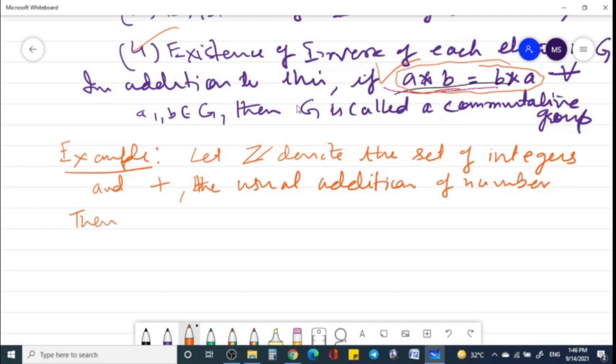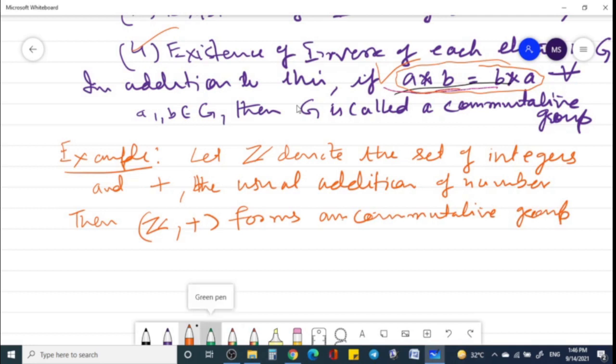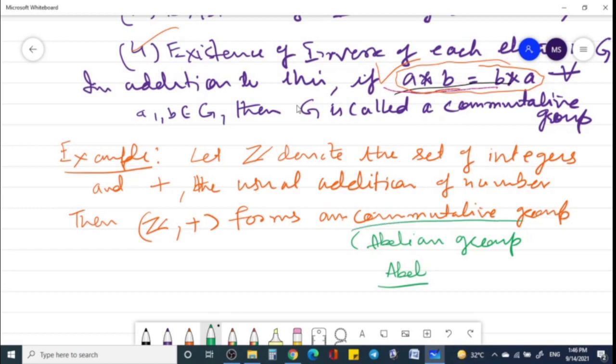Then this pair forms a commutative group. A commutative group is also known as an abelian group, due to the name of the mathematician Abel. So a commutative group is also known as an abelian group.